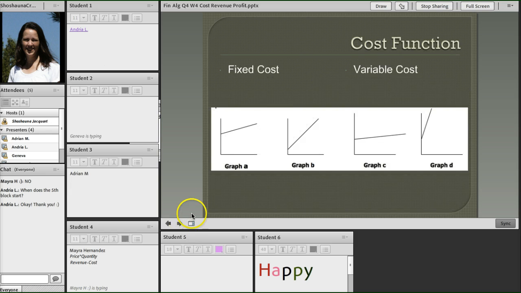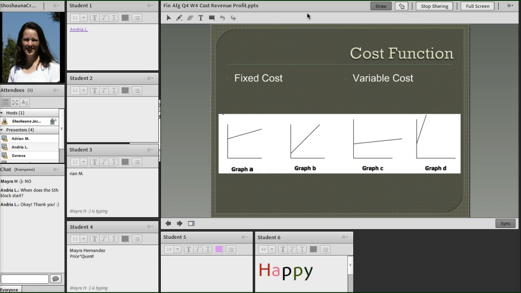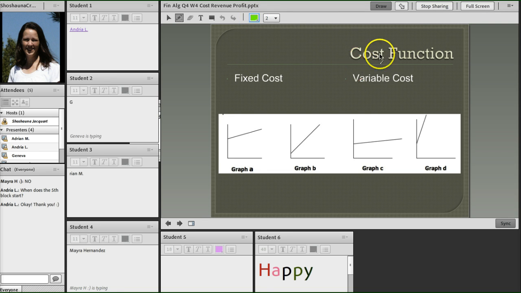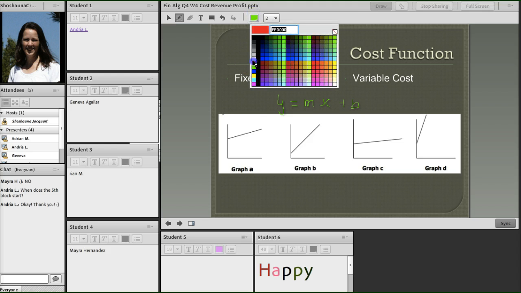Okay. So this is kind of memory lane. A cost function has a fixed cost, has a variable cost. Now just remember memory lane, hopefully, and if it's not memory lane, then it's a good thing to remind ourselves. If I were to have y equals mx plus b, then the fixed cost is actually your b.